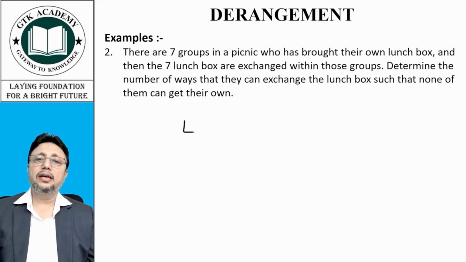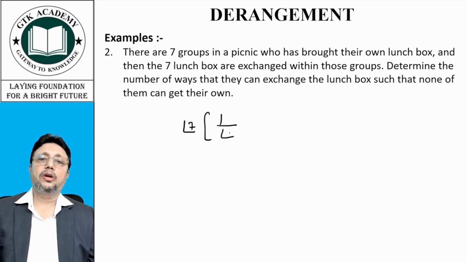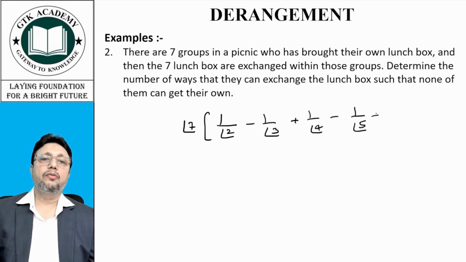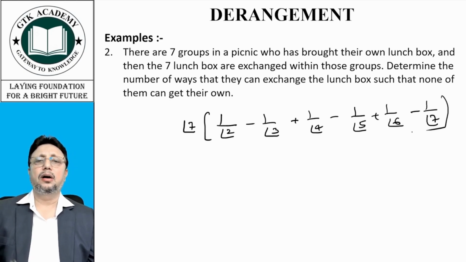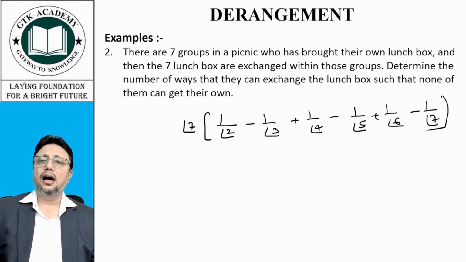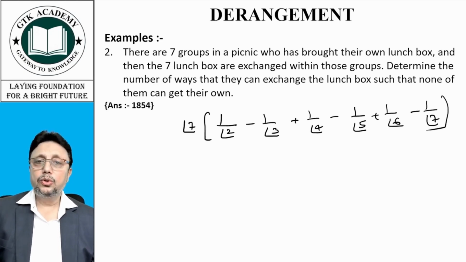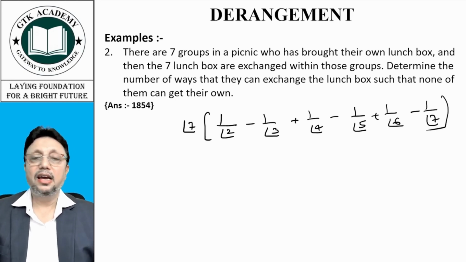The formula is factorial 7 times 1 upon factorial 2 minus 1 upon factorial 3 plus 1 upon factorial 4 minus 1 upon factorial 5 plus 1 upon factorial 6 minus 1 upon factorial 7. It's a bit lengthy calculation. The answer is 1854, and now I leave it to you to do this calculation. Take it as an exercise at your end.